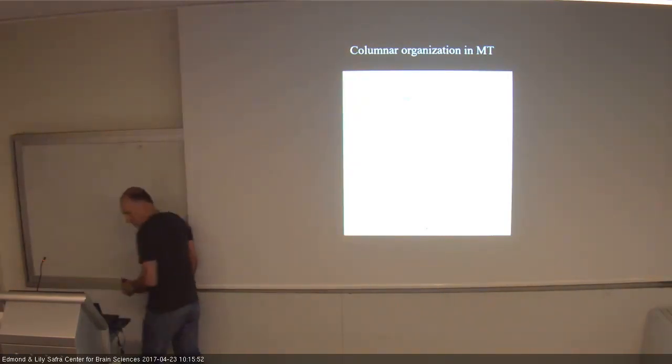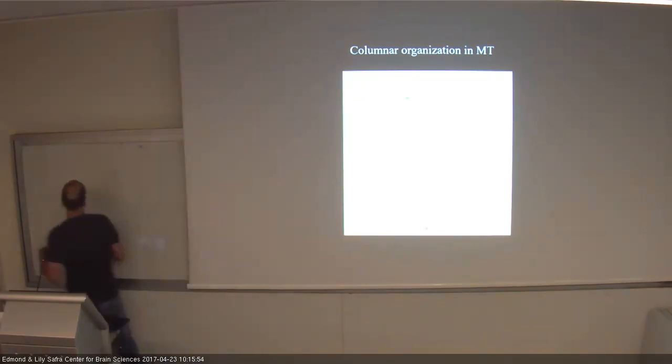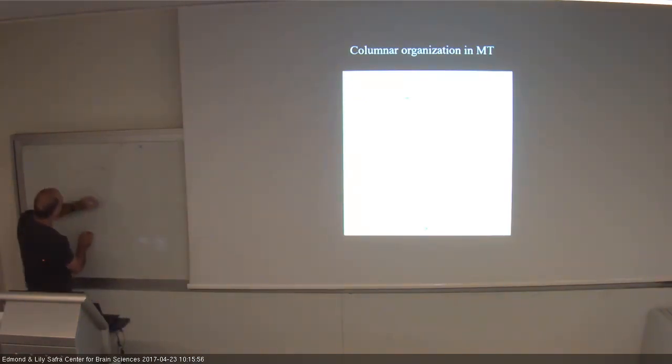Let me just illustrate this figuratively, exactly as you see here. Here's cortex from layer 1 to layer 6, and you move your electrode and record the preferred directions of individual neurons. Here's the first one, the second one, the third one, the fourth one, and they're pretty much the same. And at some point it changes, and then you get something like that, right?